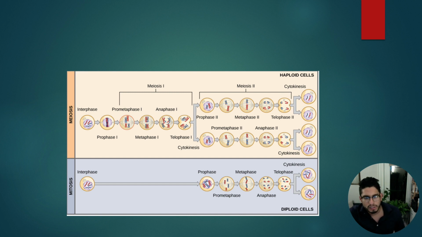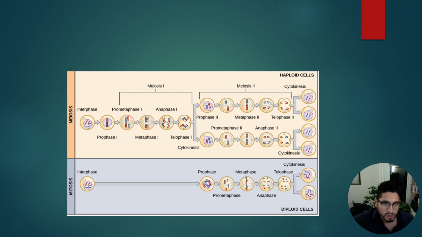However, when it comes to our sex cells, we don't want identical cells. We want as much genetic variation to occur. And the way that we are able to achieve that is that when meiosis 1 occurs, we've divided once, but as we look further into those homologous pairs that I referred to earlier, there's been a recombination, and that recombination then requires another set of cell division, and that is meiosis 2.